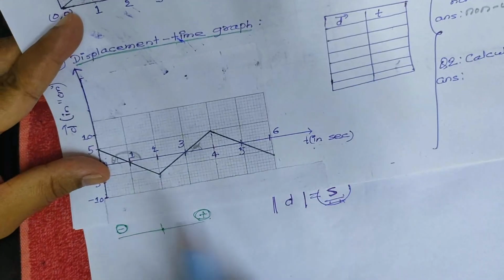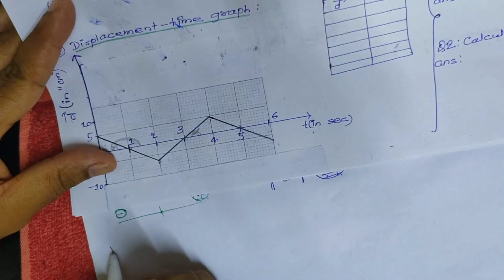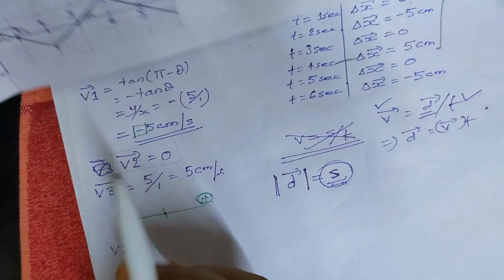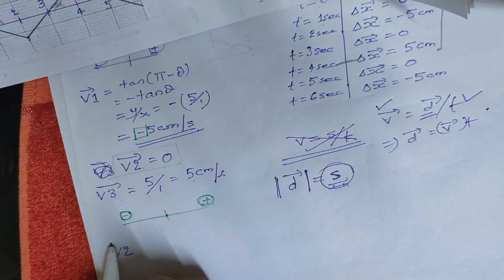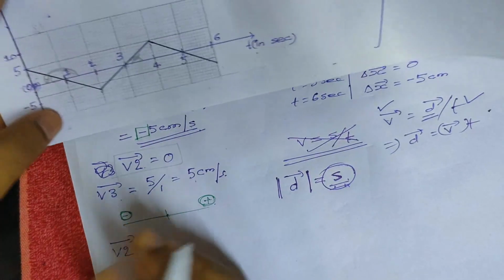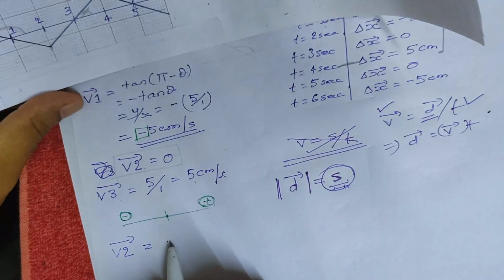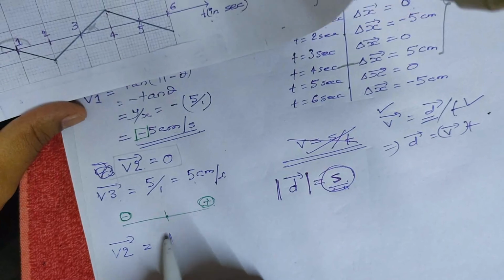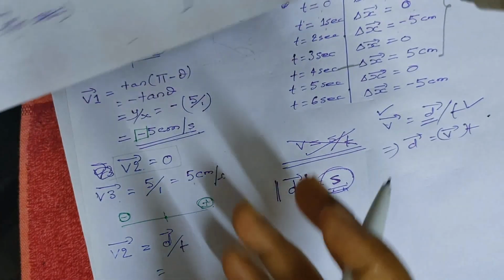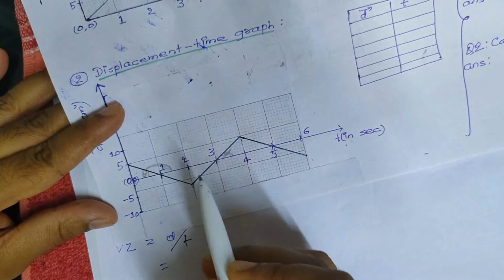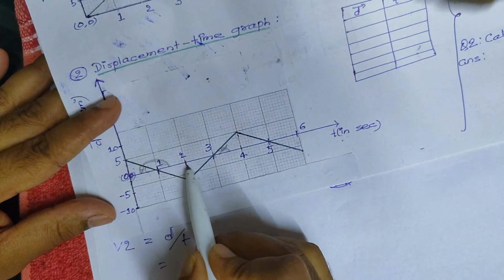See, we can prove it. So let me prove it for you. We calculated v1, v3, let us calculate v2 also in the same way. This should be displacement by time. So what is the value available along y-axis at time t equal to 0?